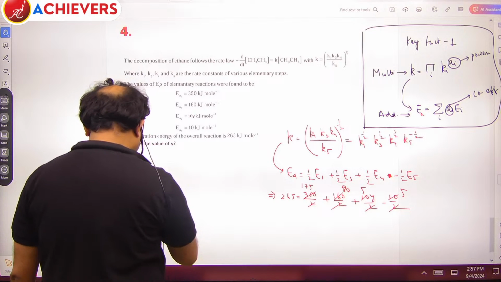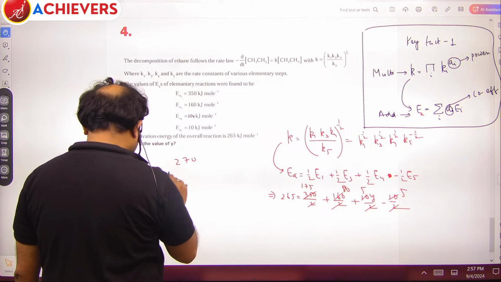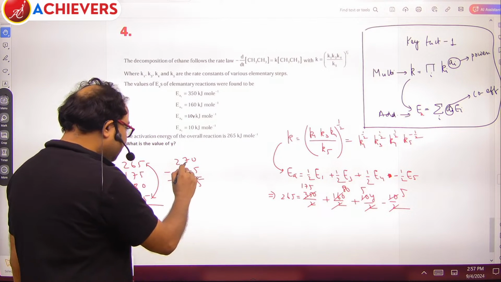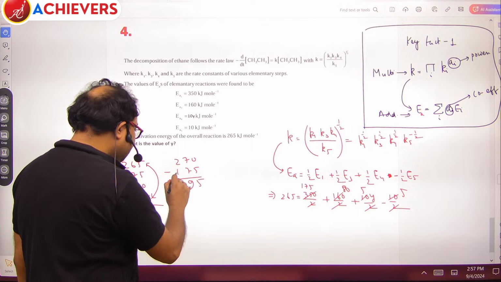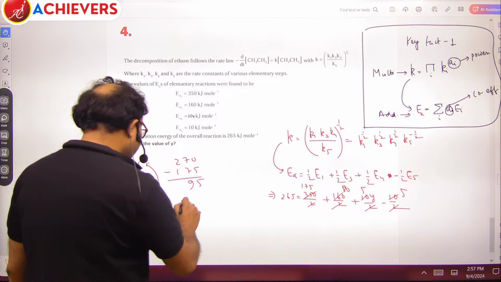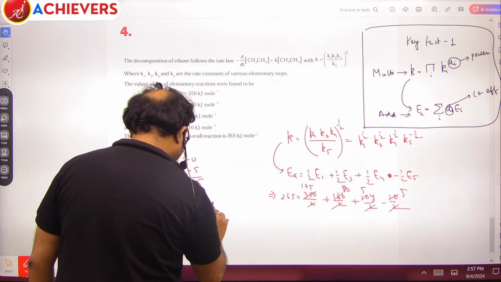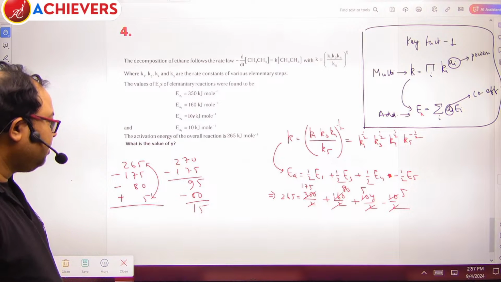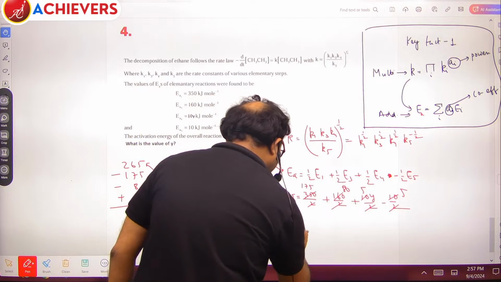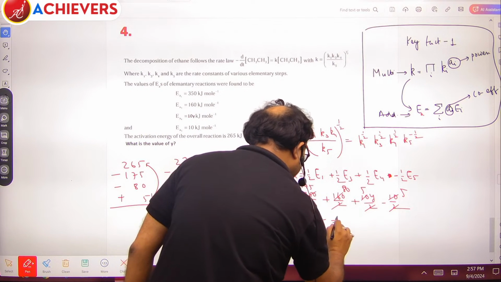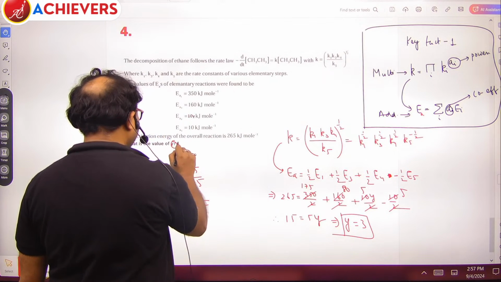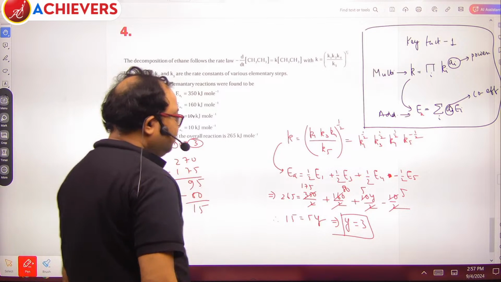So 265 plus 5 is 270. 270 minus 175 is 95. 95 minus 80 is 15. So basically you get 15 equal to 5y. That makes y equal to 3. So what is the value of y? The value of y is 3.